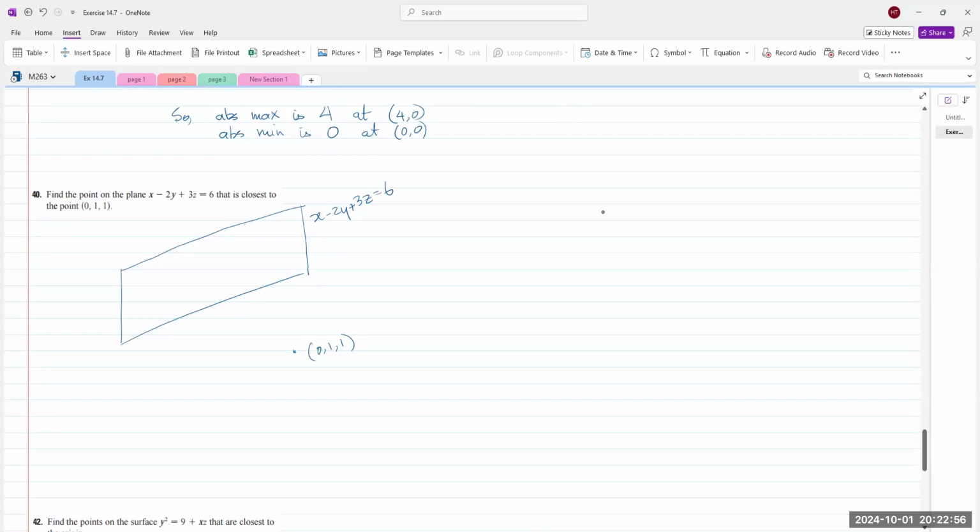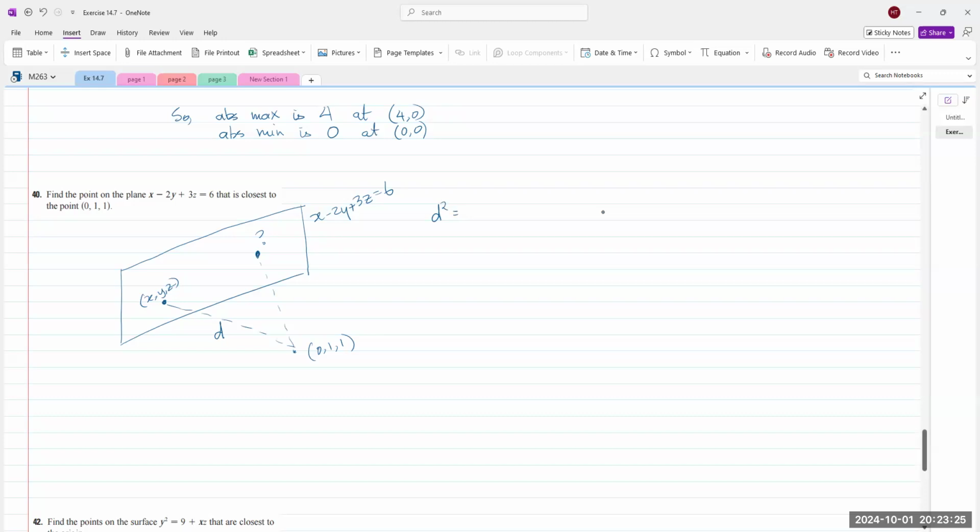Now we want to find the point on this plane that has the closest distance. I will first do it with the method that we learned in this section. Let's pick any point on that plane, call it (x, y, z), and find the distance, call that the distance function. In fact, we will use the distance squared function.